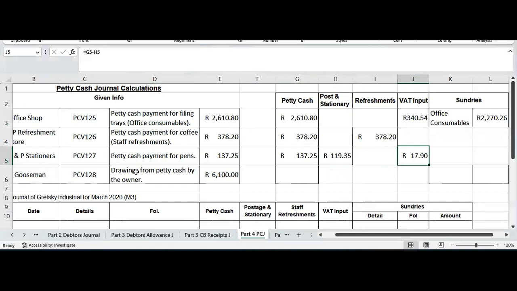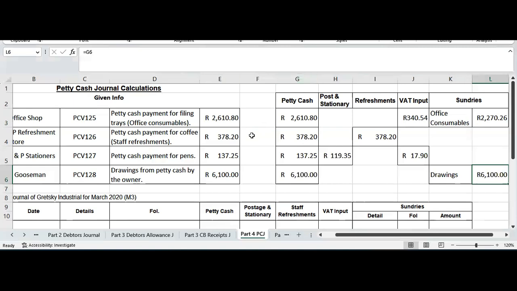Last transaction is where the owner takes money from the petty cash, so he can take the money. Obviously, we do not have a main column here that says drawings, so it will be under sundries. We are going to say that the entry is drawings, and we will put the full amount in there because there's no VAT on drawings. He takes money and he gives money.